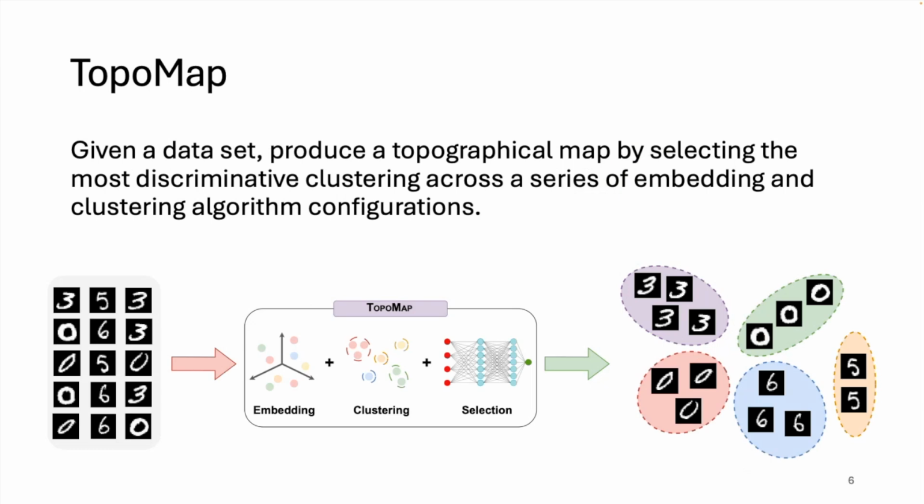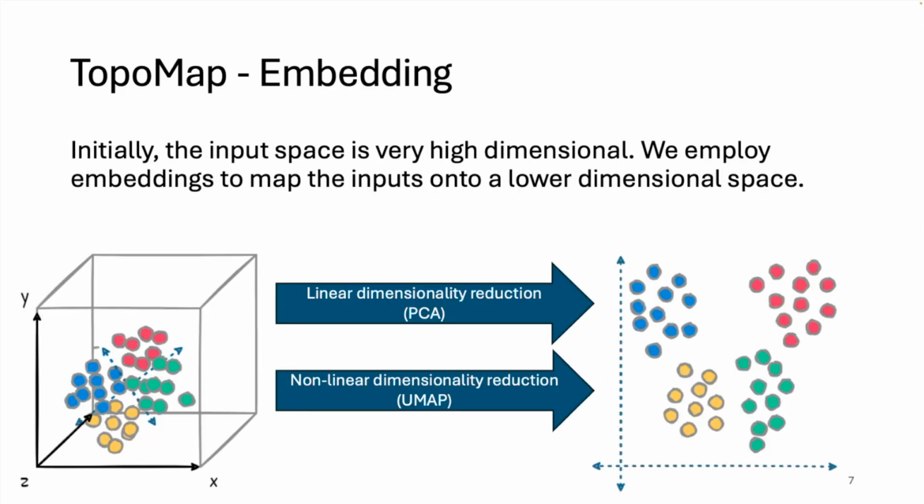TopoMap starts from any input dataset and, through a series of steps, produces a topographical map, which is meaningful in the sense that the identified regions are both cohesive and distinguishable. The first step to achieve that is the projection of the input data onto a lower dimensional space, and we achieve that through the usage of some embeddings.